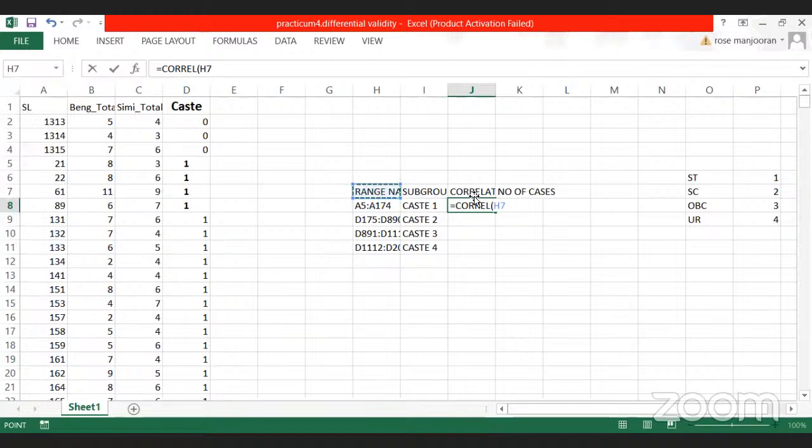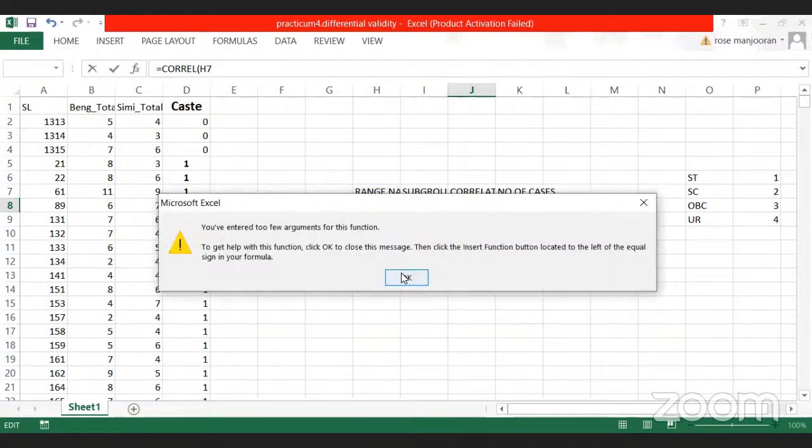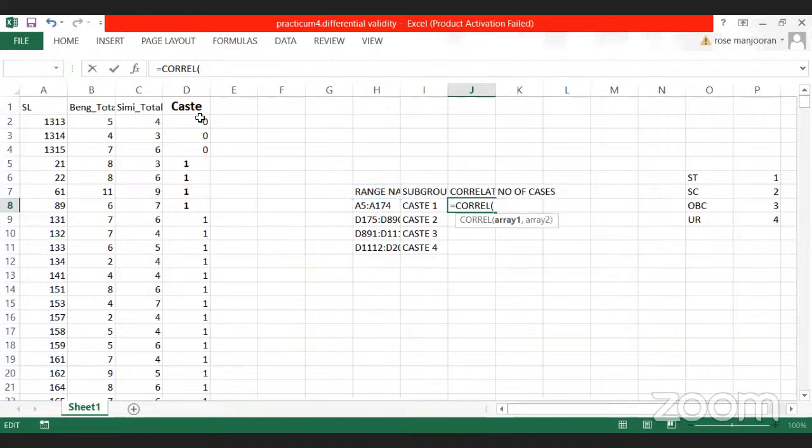But as it is a short time and we only have little time left, I'm doing it fast. So what I will do is I will select from Bengali total and from where it ends, that means with respect to the caste. So I'll show you one example. For caste 1, we have starting from here.